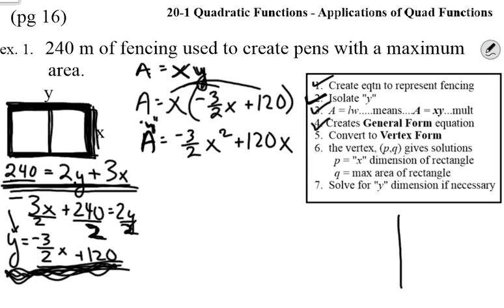It's a quadratic function. It's going to give us some form of a quadratic where the X value, whatever our X value is, will end up giving us a Y value, which is our area, which is a max. So that's why this works.